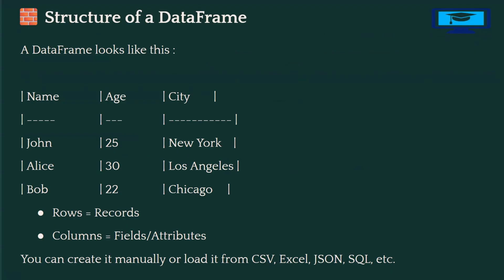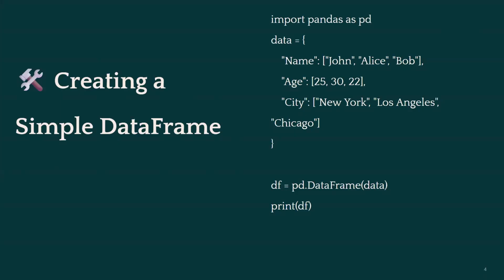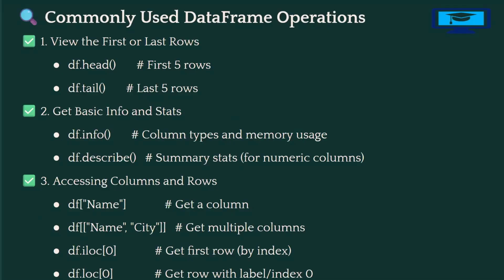So a data frame helps us present that data in our work. You can create it manually, or you can load it. To create a data frame, you can put all the data inside a list, and usually we use a method called DataFrame, and in that we pass the data.